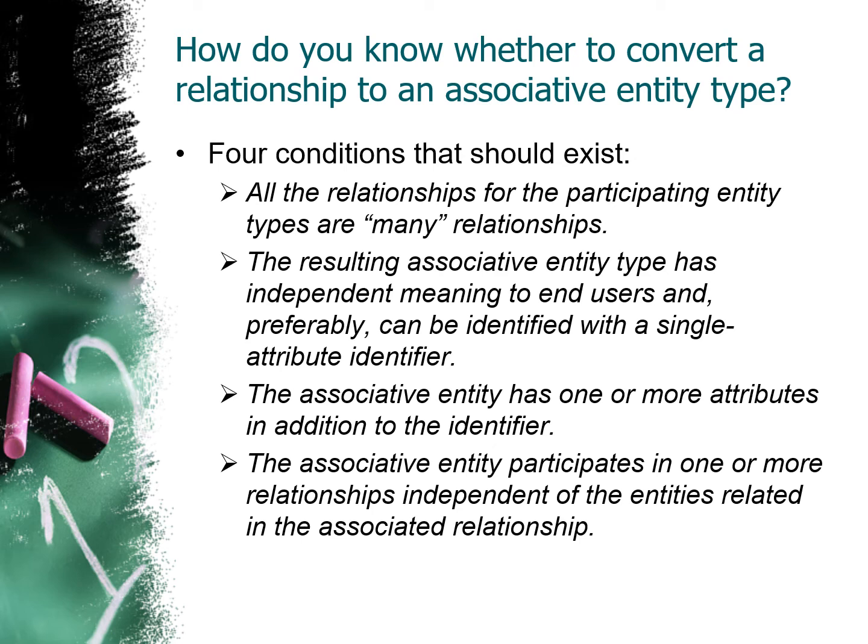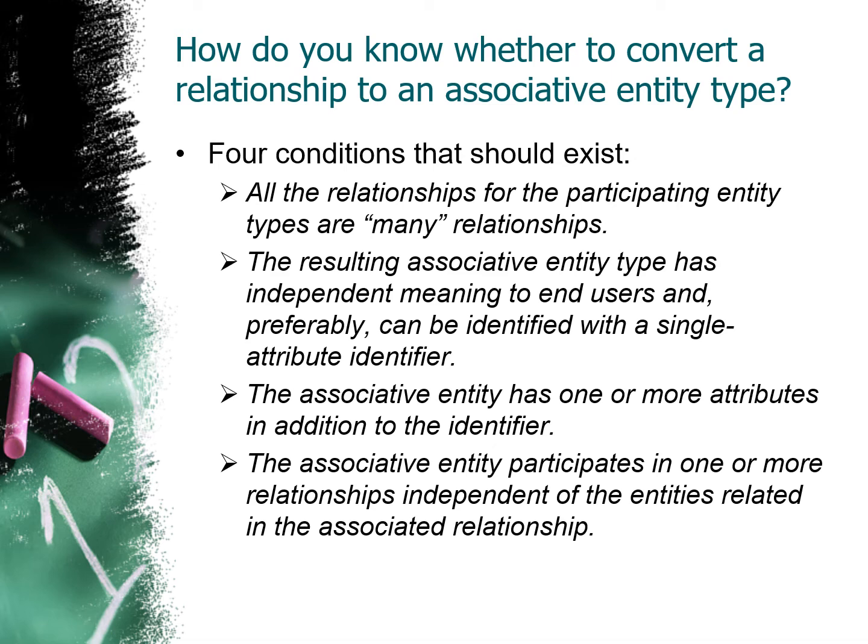The single attribute identifier refers to the primary key, so that we can really identify that particular record in that associative entity. The third one, it has one or more attributes in addition to the identifier. You cannot have an associative entity where only the primary key exists. There should be other fields that go with it.